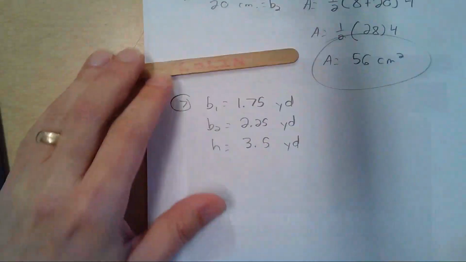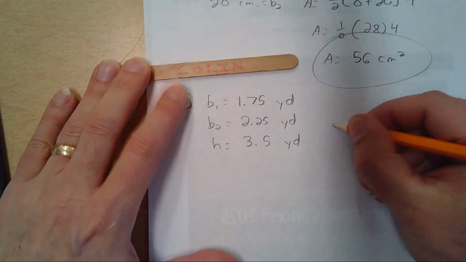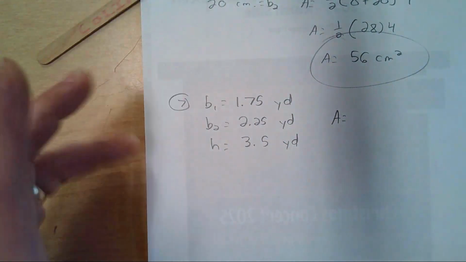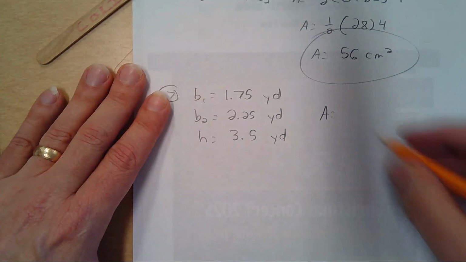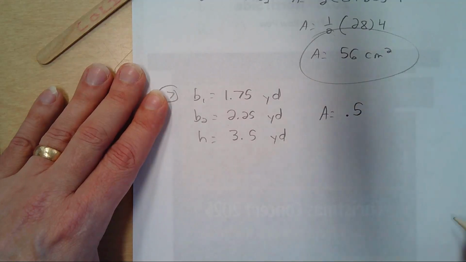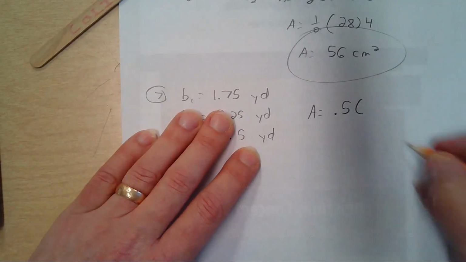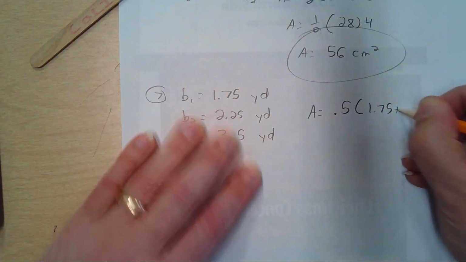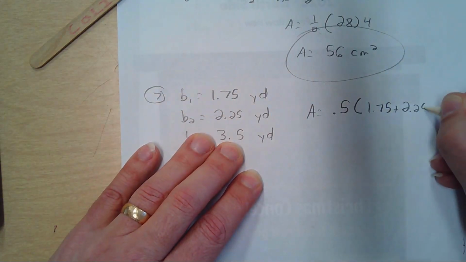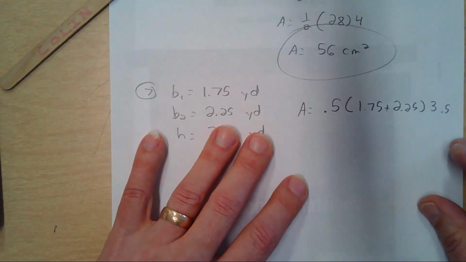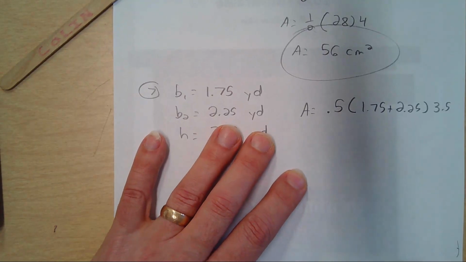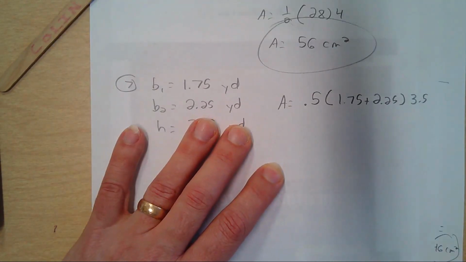Well, let's see what happened here. So, finding the area, first thing you want to do, write your equation here. I see I'm all decimals here, so if I just want to go to decimal form, then so be it. Base 1 plus base 2 times the height. Whoops, I guess I'm on a different sheet of paper here at this point. Didn't even realize that.